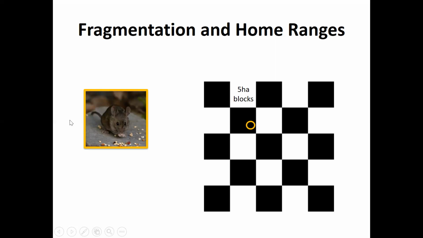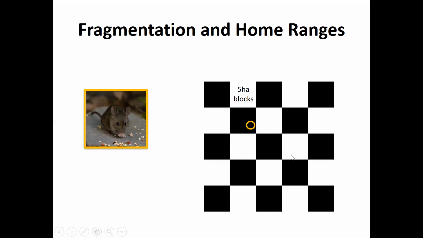They have a pretty small home range, and so they might not be that impacted by habitat fragmentation, as long as they can find a home range within one of the habitat patches, right? They can live their whole life in that patch because they can meet all their needs within it.